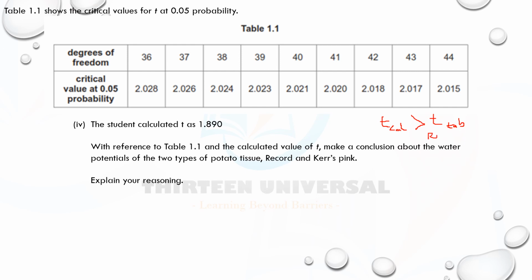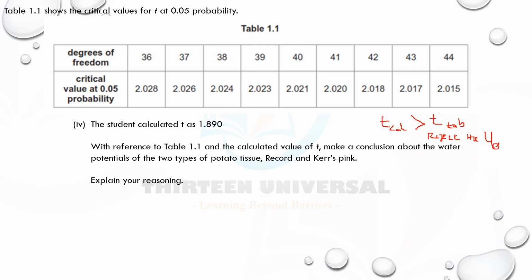Otherwise, accept the null hypothesis. So if it is less than that, accept the null hypothesis. But if it's greater, then reject the null hypothesis.